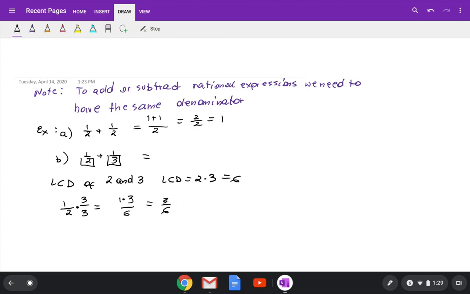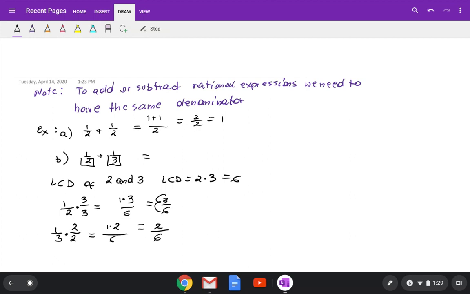Then you do the same work with 1/3. You want to create an equivalent fraction which has 6 as a denominator. To get 6 on the bottom, we multiply top and bottom by 2. So 1 times 2, and 1/3 is the same as 2 over 6.